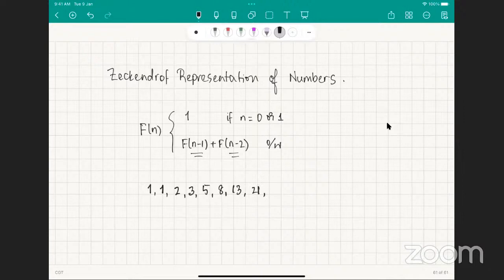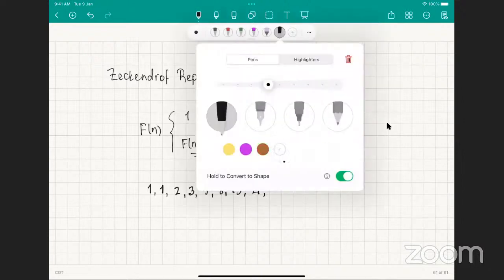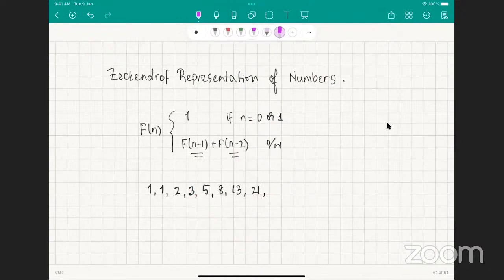So that's the Fibonacci series. And the claim is that every number can be written as a unique sum.